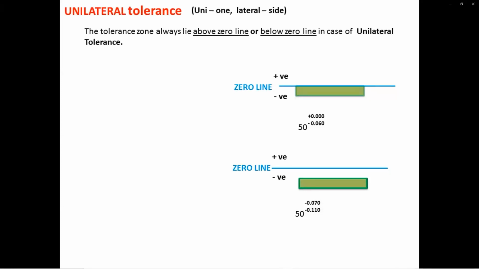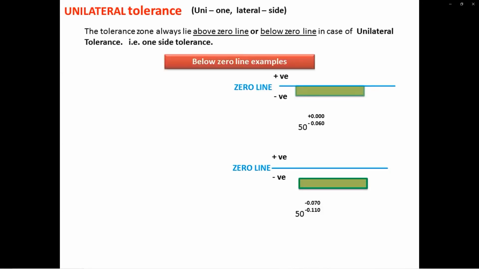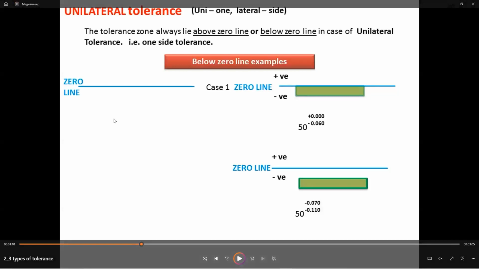Unilateral tolerance, one lateral side. The tolerance zone always lies above the zero line or below the zero line. In case of unilateral tolerance, it is a one-side tolerance.